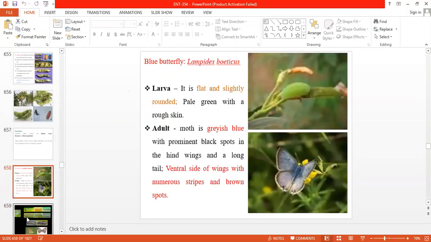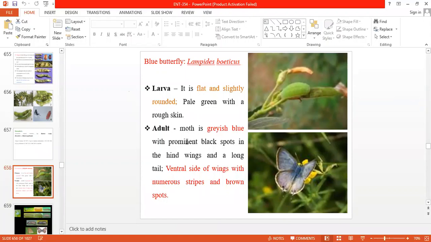The next important pest of pulses crop is the blue butterfly, Lampides boeticus. Larval stage is flat in shape, slightly rounded, pale green with a rough skin.